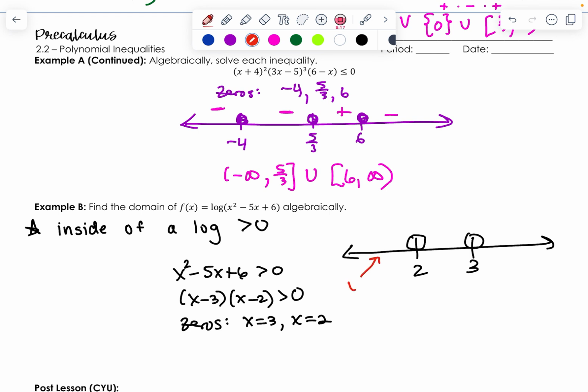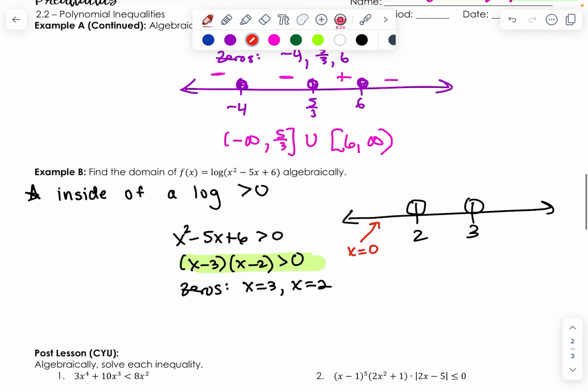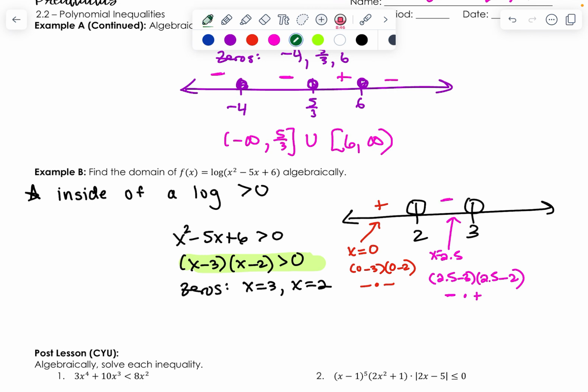Let me go through it because I didn't do it on the last one. So let's suppose I pick x is 0, and I'm plugging in here. I think the factored form is the easiest. So you have 0 minus 3 times 0 minus 2. That's a negative times a negative, which is positive. Now let's pick, say, 2.5. So 2.5 minus 3, 2.5 minus 2. That's a negative times a positive, which is negative.